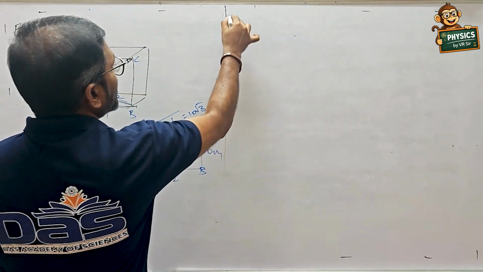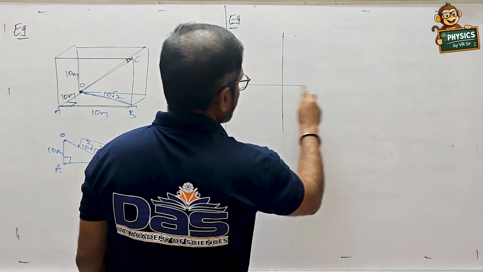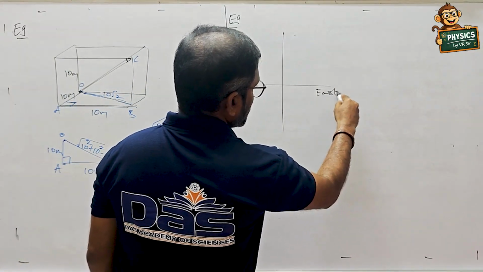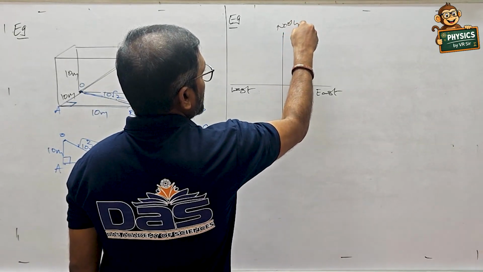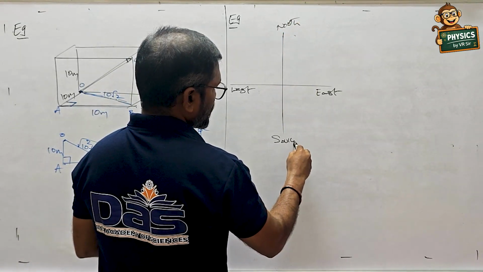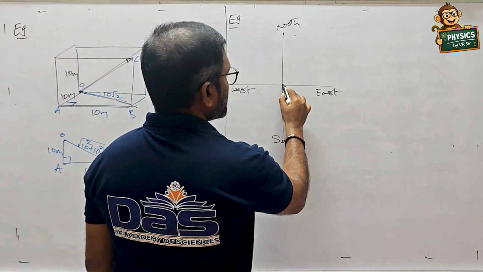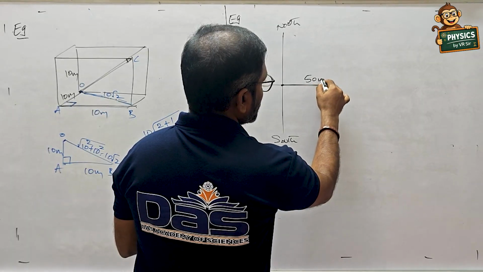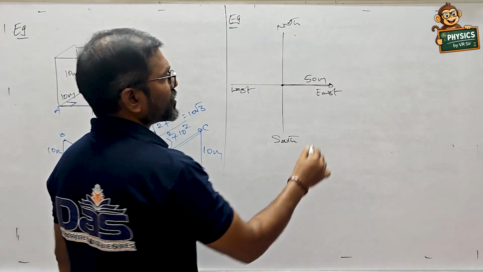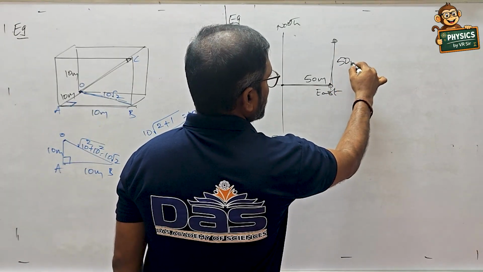Then next example, like I'm calling this east, west, and this is north, and this is south. East, west, north, south. Now an object is moving towards east by 50 meters and then towards north, one more 50 meters.